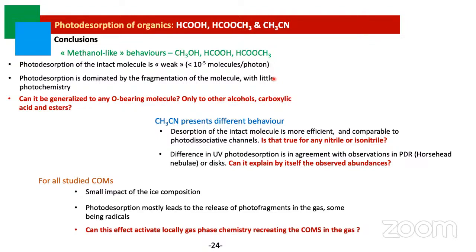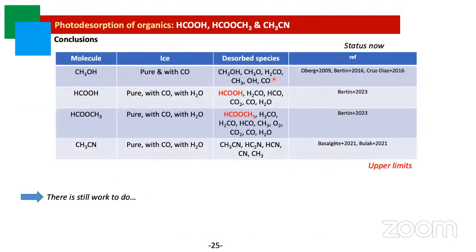Is it true for any oxygen-bearing molecule? Are they like methanol? Nitriles, isonitriles, are they like acetonitrile? But it's too early to say. We still miss a lot of data. Right now, this is the status of what is known concerning the photodesorption of organic molecules, and there's still a lot of work to do.